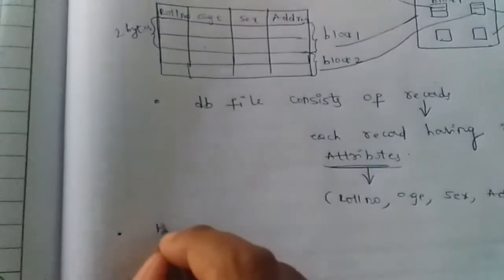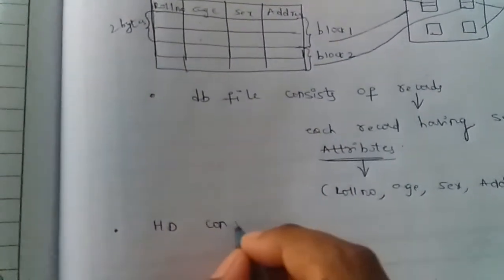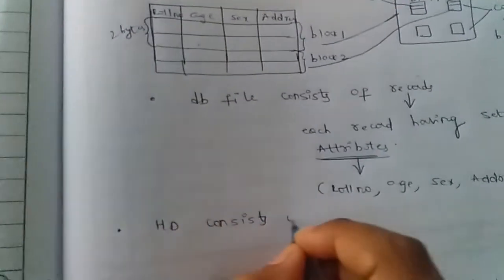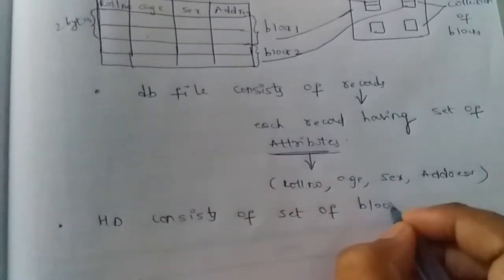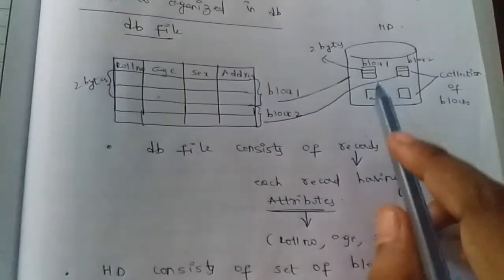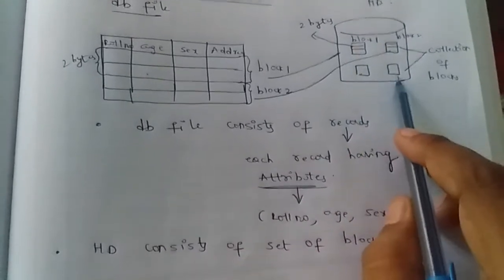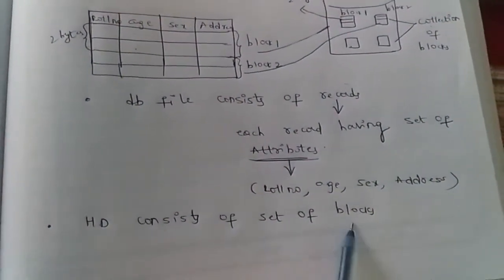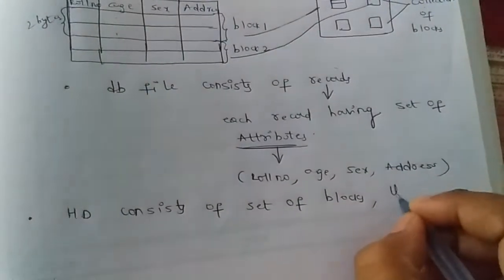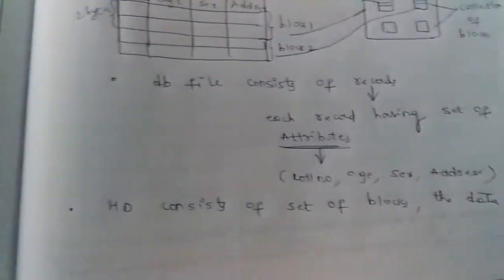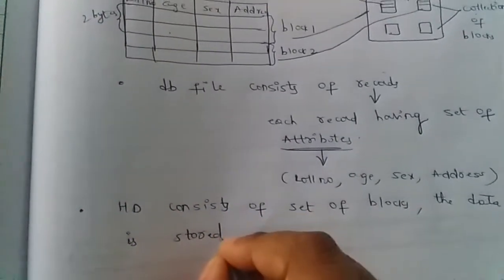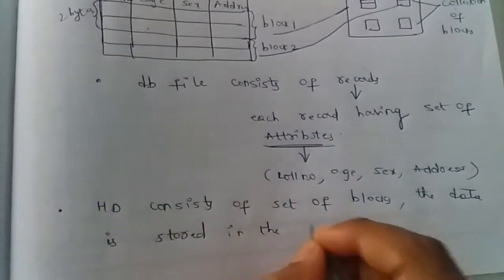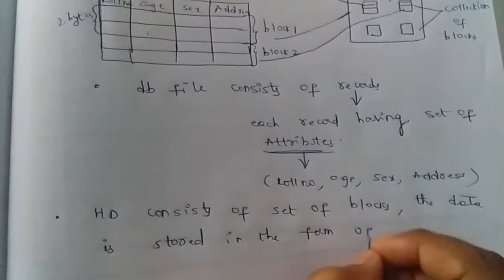First of all, the hard disk consists of a set of blocks: block 1, block 2, block 3, block 4. The data is stored in the form of blocks.